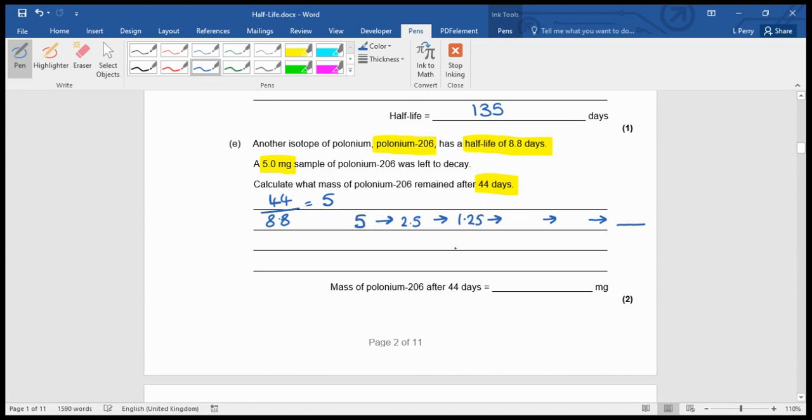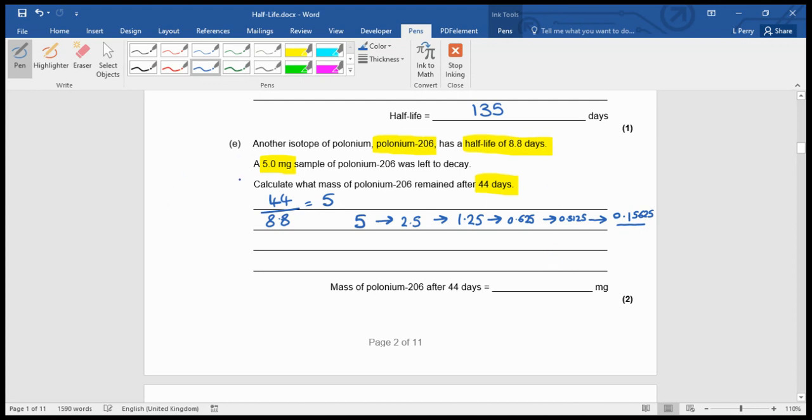Halve it again is 0.625. Halve it again is 0.3125. And halve it one more time is 0.15625.